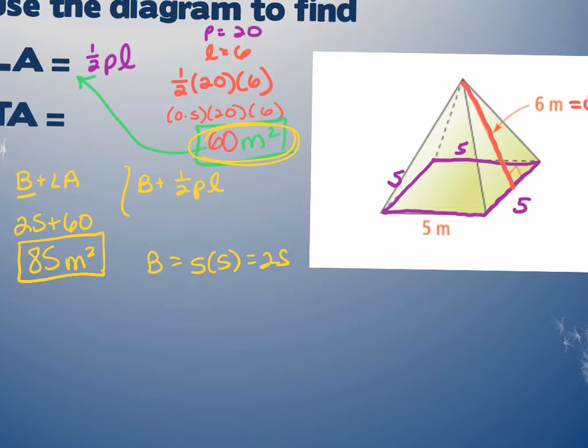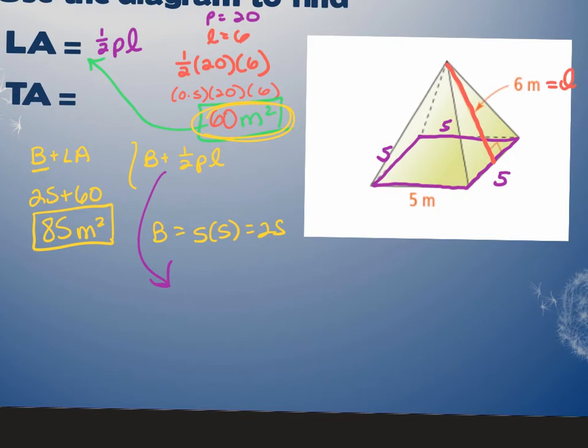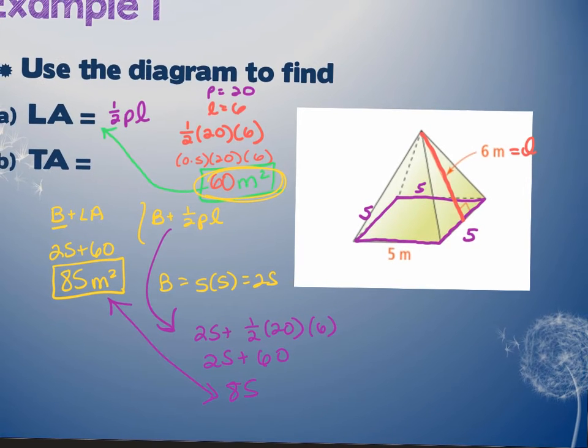If you had gone straight to the surface area, then it would have been 25 plus 1/2 times 20 times 6, which is still 25 plus 60, or 85. So it doesn't matter which formula you use, you should get the same answer. So lateral area was 60, total area or surface area 85.